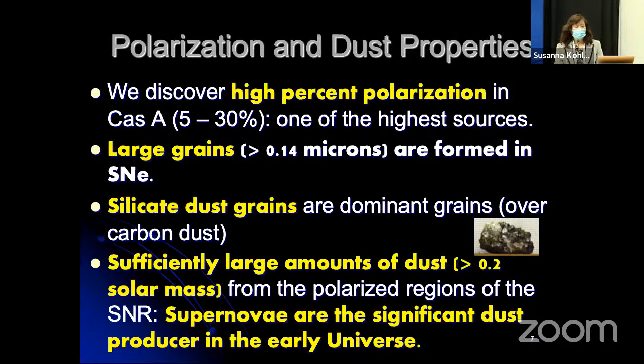And also, as was explained, regarding silicate over carbon dust, in order to have this high polarization, silicate dust is really needed. More important, when we take the emission from polarized light, we can estimate enough mass to explain the early universe. It's the same order of magnitude as the total emission mass. Okay, thank you.